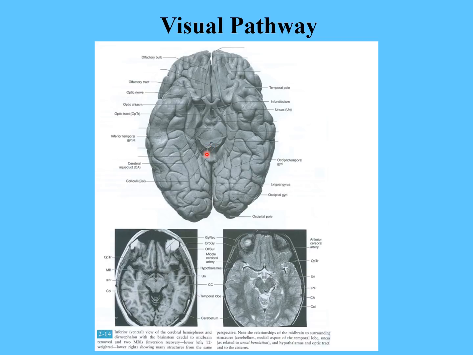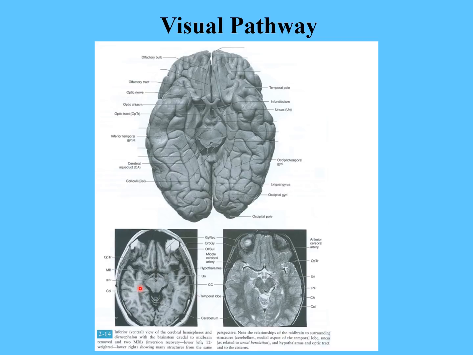But we can also see, as we go further back, the lingual gyrus near the midline that gets visual input, the occipital pole, the occipital gyrus, and the occipital temporal gyrus. And we can see some aspect of those in this MRI image.